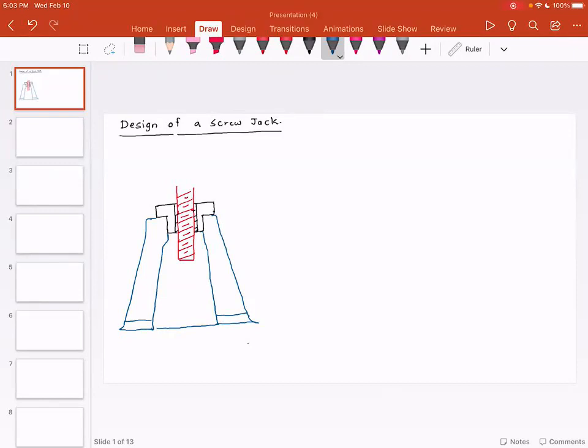Now, if you look at the nut, typically the nut has a head. So here, this is called the head.